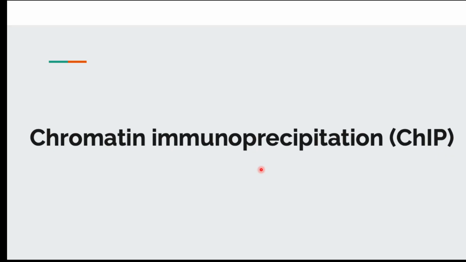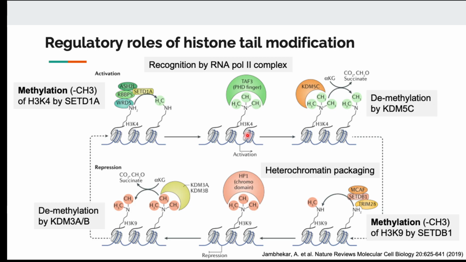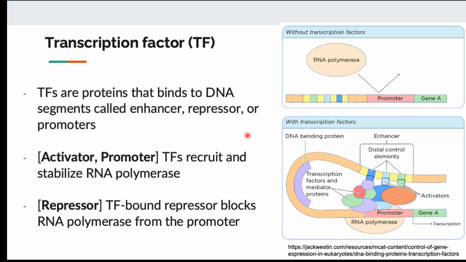Okay. So the technique that we want to use is chromatin immunoprecipitation. As the name implies, we're going to do something to the chromatin, or the chromosome, and we're going to use antibody to precipitate, or pull down, certain proteins. In this case, you can probably guess that one of the proteins we want to pull down would be the transcription factors.